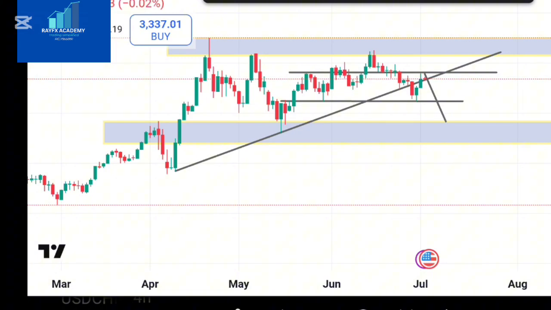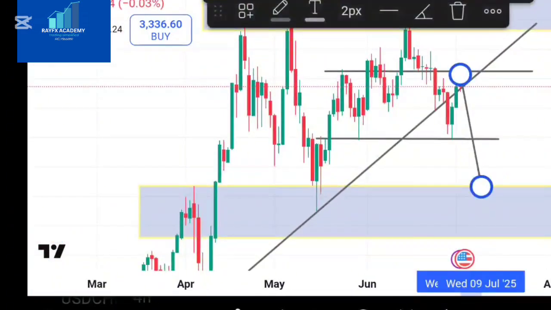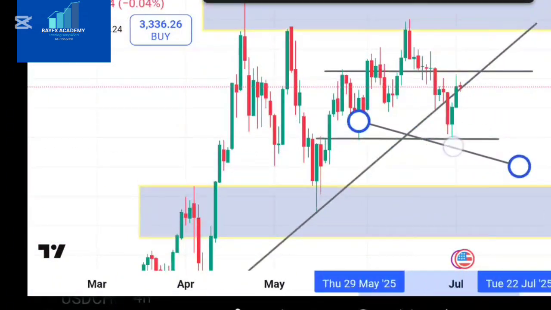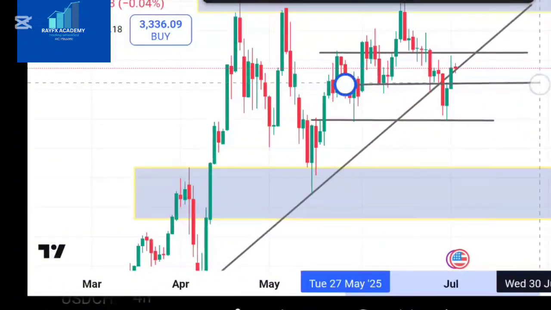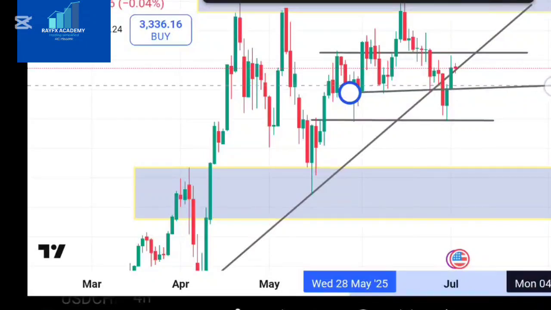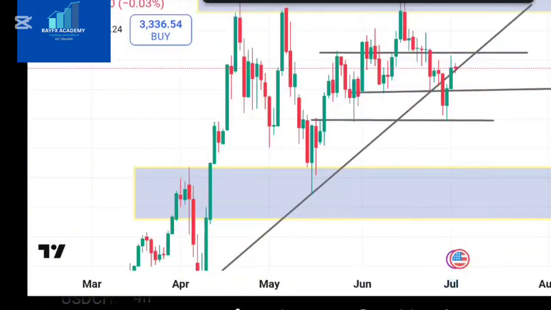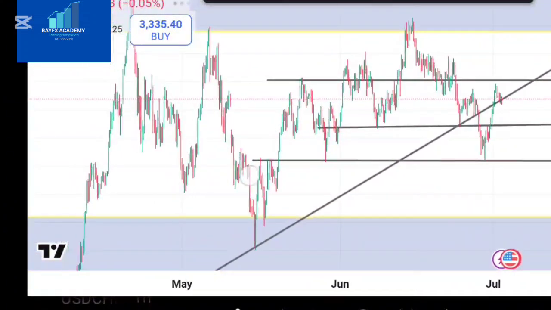And seeing this here, you can see that it went below and even closed below this previous low. Going over to the 4-hour time frame for a clearer view.